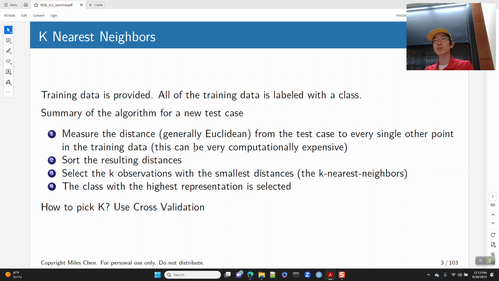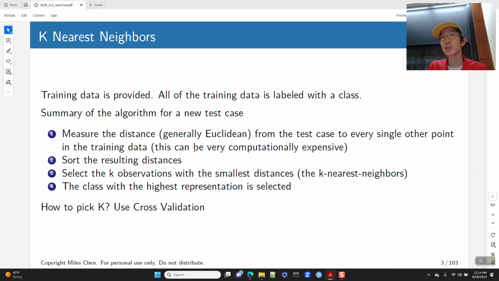But in higher dimensional space, identifying the 5 nearest points is no longer easy because our brains have a hard time picturing what 5-dimensional space looks like. I have no idea how to even draw this, okay? So you have to measure the point to every single point in your data. And so if you have 1 million data points, you have to measure 1 million distances, and that could be computationally expensive, okay?